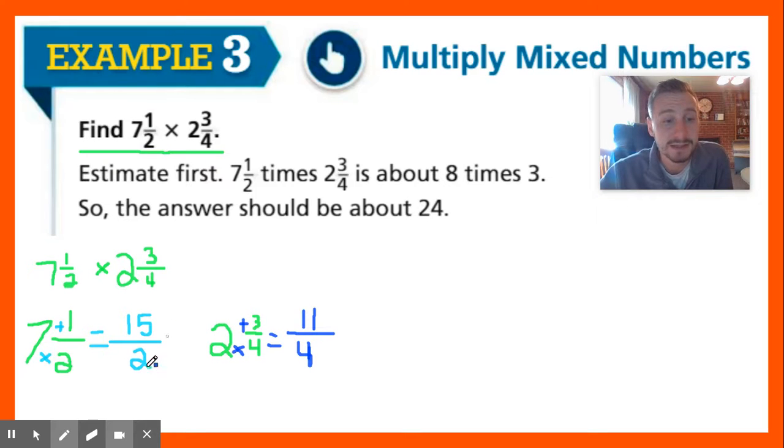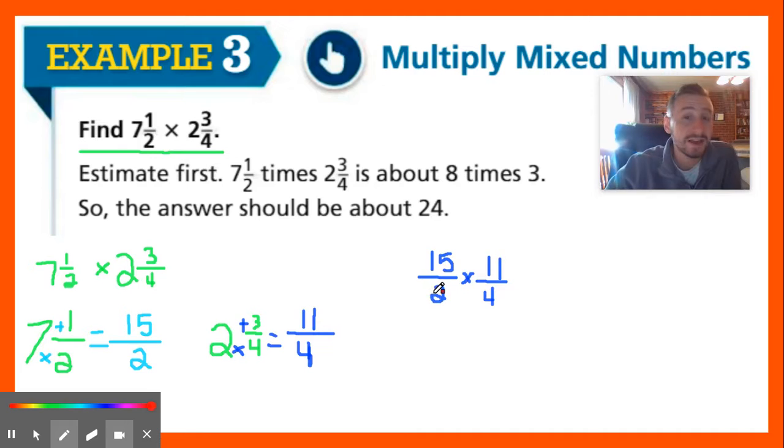Using these, we can do what we did in the other examples. We set them up, 15 over 2, and we want to multiply it by 11 over 4. So we just lined up our fractions just like normal.